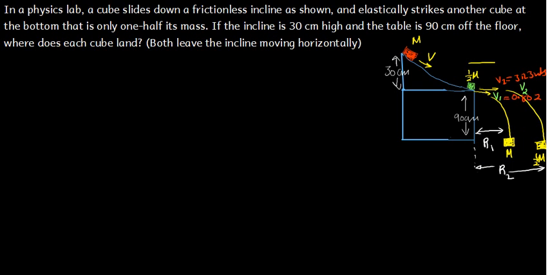And to find the time at which they are going to hit the ground, we are going to say height is given by initial velocity times time plus half g t squared. The height, they were both dropping from a height of 90 centimeters, which is 0.9. Well, the initial velocity is 0. That is because these masses were moving horizontally. They didn't have any component in the y.